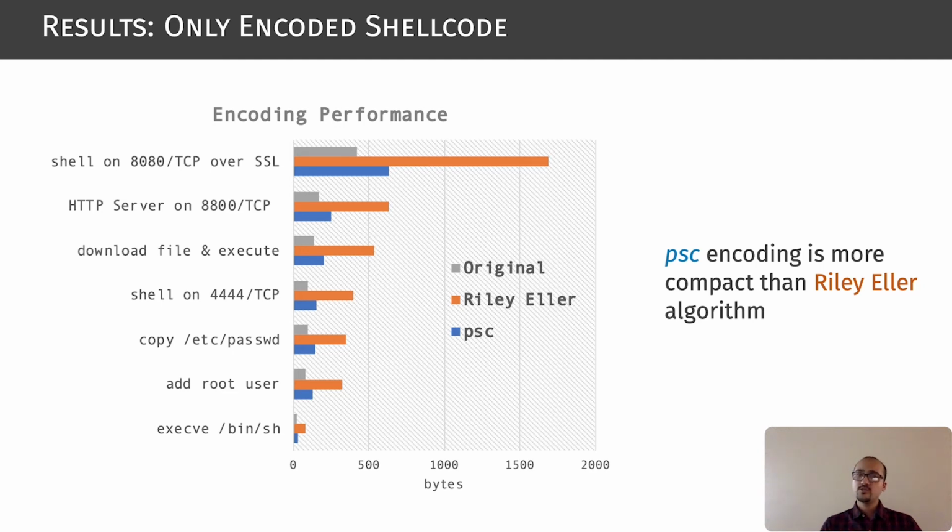The orange bar shows Riley Eller's algorithm and PSC is represented by blue. Our encoding scheme does a better job for each and every shellcode as compared to Riley Eller's algorithm. So we do outperform Riley Eller's algorithm for all shellcodes in terms of raw encoding performance.